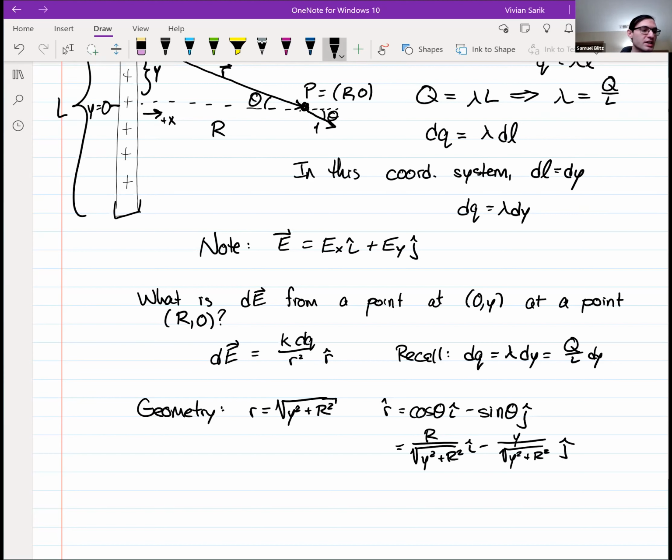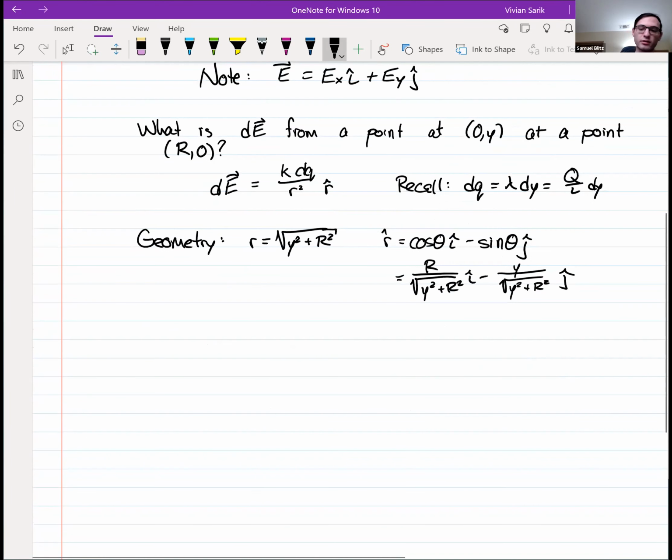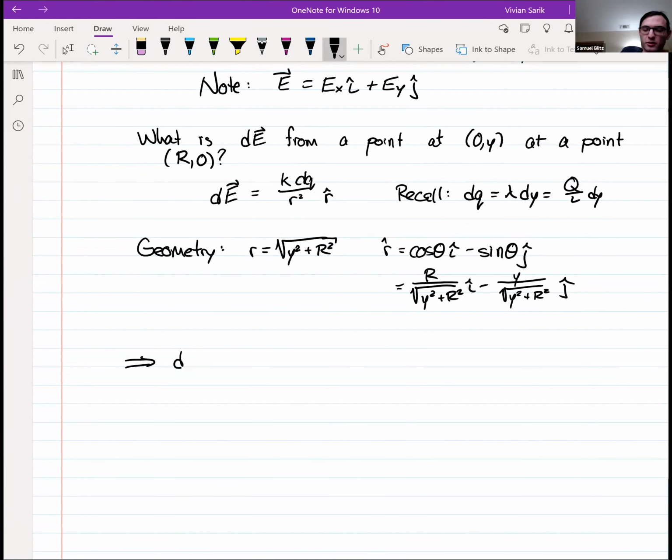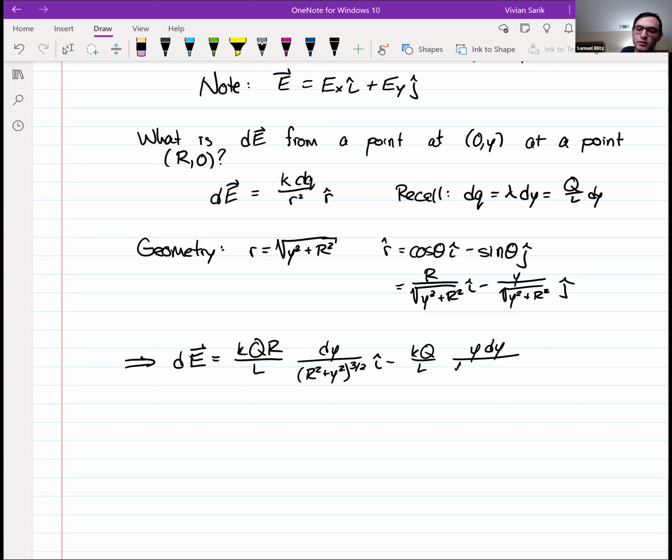Okay, so that means that we can combine all of these things to figure out what dE is. dE is k times q times R over L times dy, and this will all make sense in a minute, over R squared plus y squared to the 3/2 in the i hat direction, minus kq over L times y dy divided by R squared plus y squared to the 3/2 in the j direction.